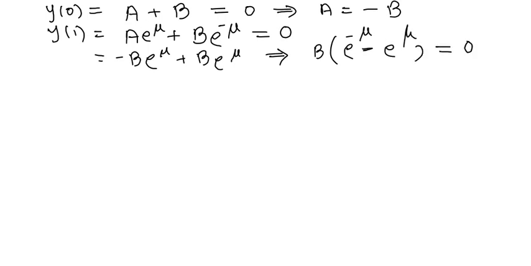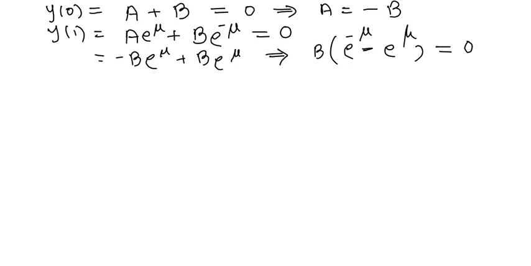Now see here, it is b into something equal to 0. So either this b has to be 0 or this bracket has to be equal to 0. But observe this bracket carefully. It is e raised to minus mu minus e raised to mu, and mu is a non-zero number, because we have taken lambda to be strictly greater than 0. If mu is equal to 0, then lambda will become equal to 0, no?